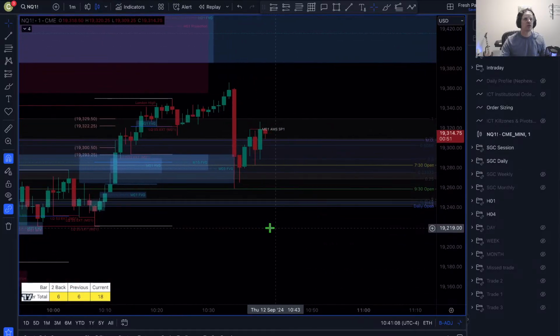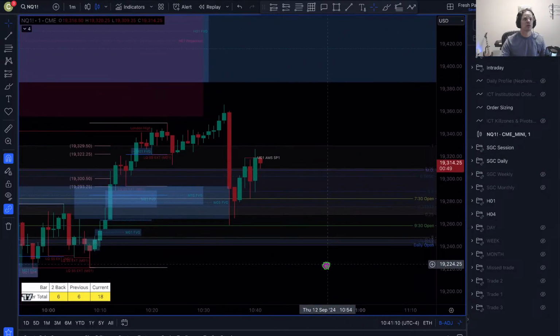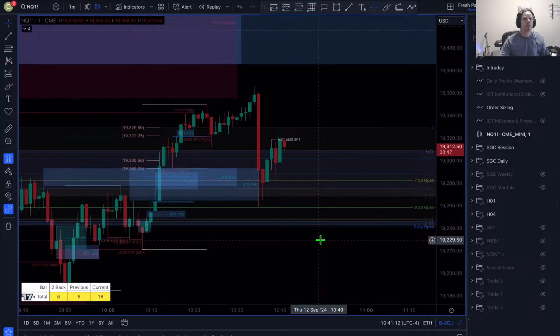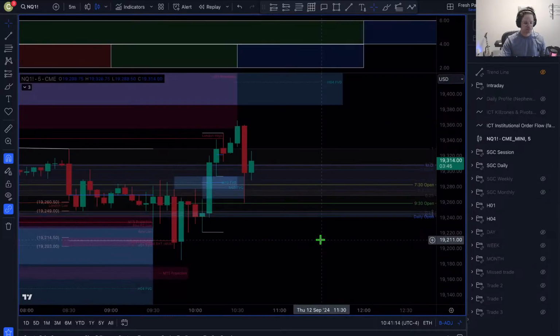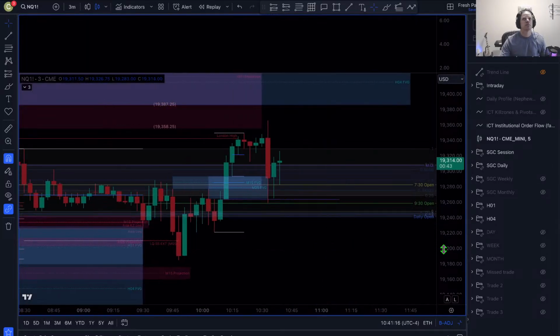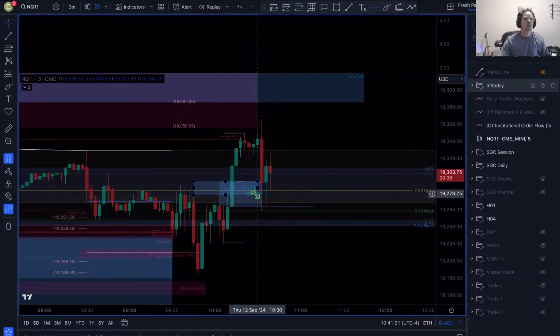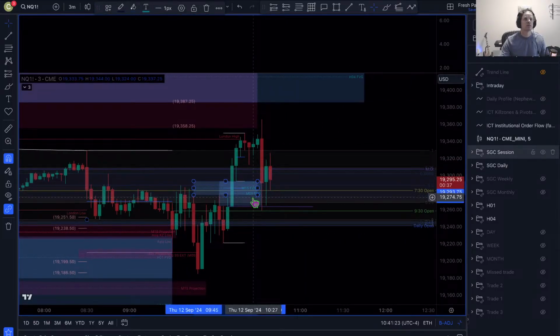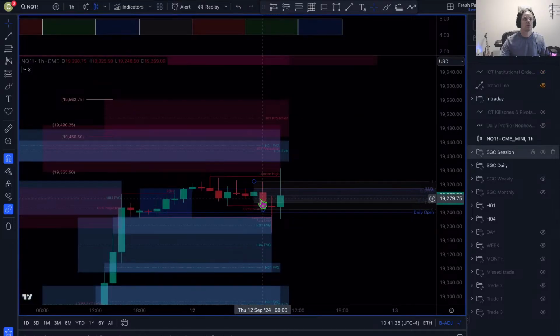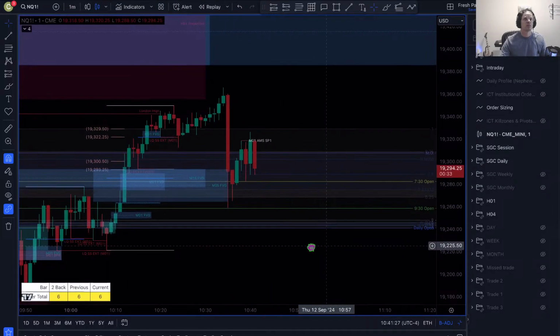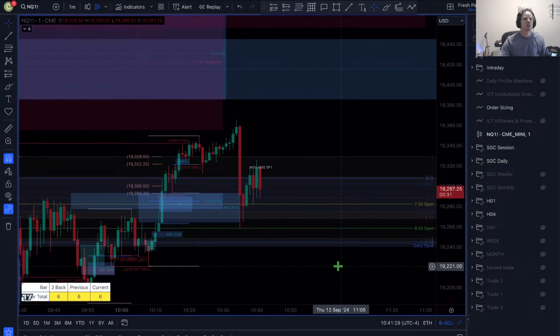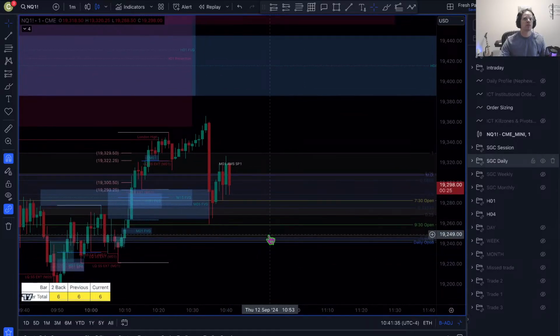Notice that we didn't close above that level on the M1. Got some time for AMS to form on the M1, if it's going to.